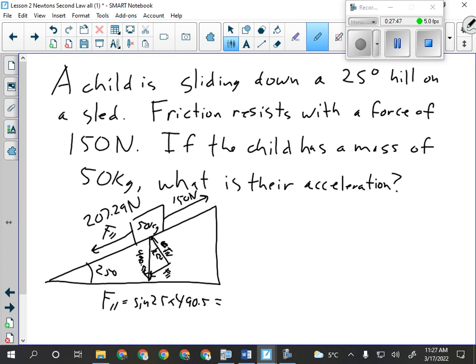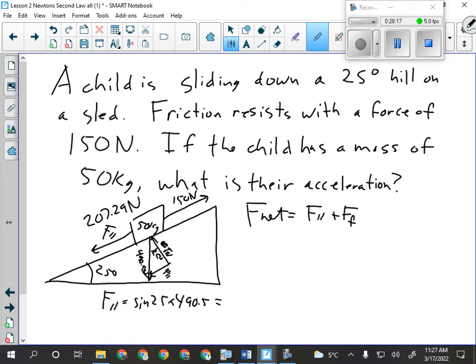What can I find now? Got net. Yeah. Okay, I've got the force up the ramp, I've got the force down the ramp. Okay, I've already taken into account normal force and gravity. Okay, that's what F parallel is. So all I have to do to get F net is add those two forces together. F parallel, okay, plus the force of friction, understanding that F parallel is down the ramp and friction is up the ramp, so one of them has to be positive and one of them has to be negative. Okay.